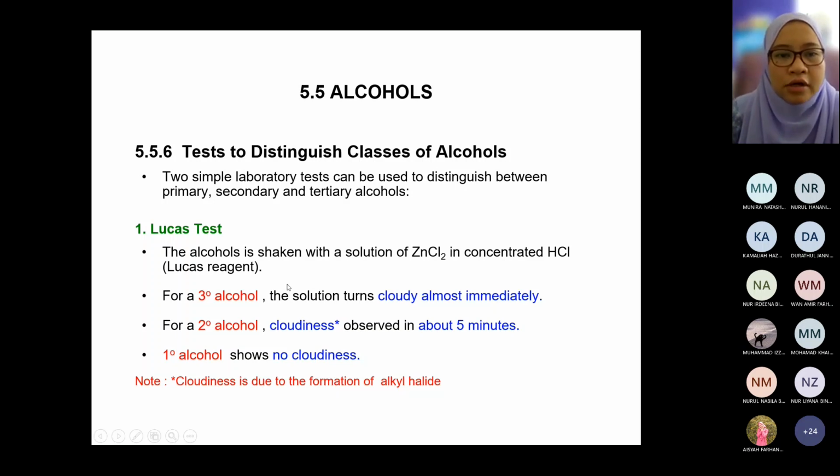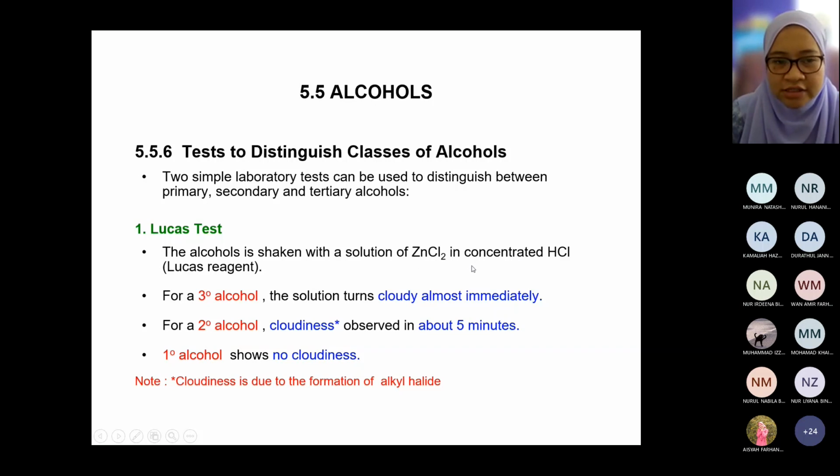One of the tests is known as the Lucas test. The Lucas test is when you react the alcohols with a solution of zinc chloride in concentrated HCl. This zinc chloride in concentrated HCl is known as Lucas reagent.